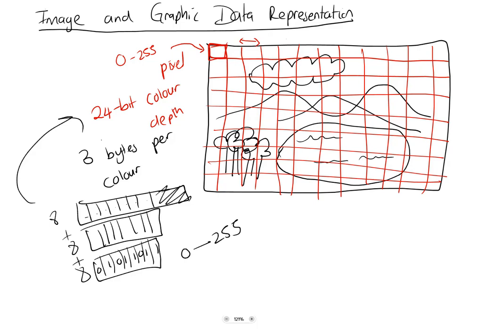So how do we decide what colors we are going to be using here? That's a discussion about different color models. The color model that we use here is R, G, and B. So red, green, and blue.